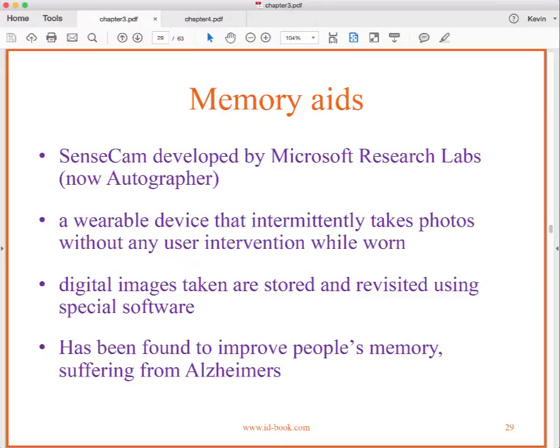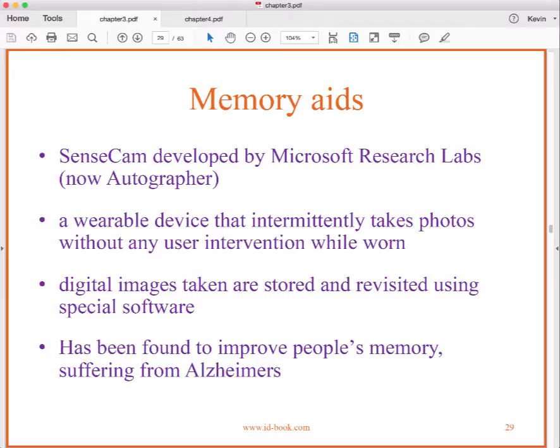Memory aids. There's a pretty good discussion of memory aids in the text that I really like. One product that they talk about is called SenseCam from Microsoft Research Labs, and apparently, according to this slide, is now called Autographer.